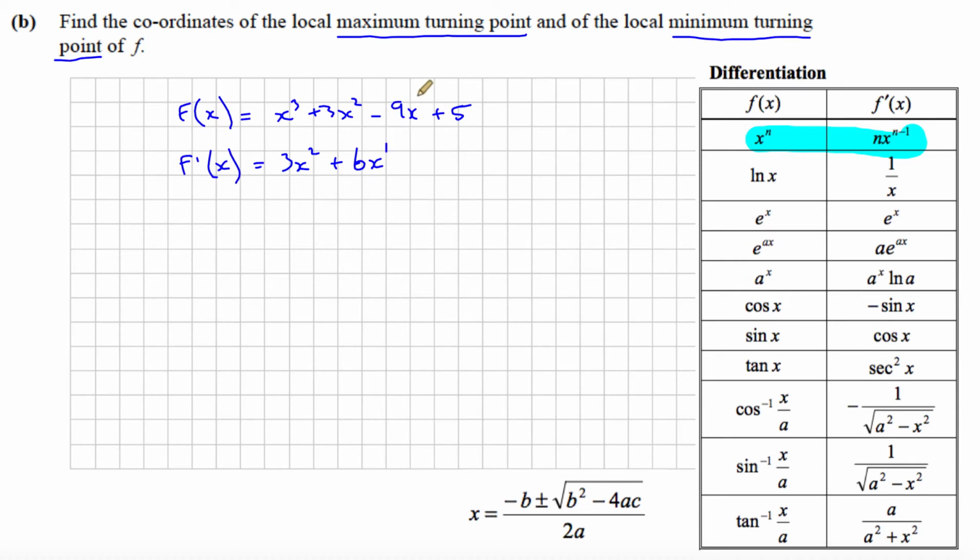Again, minus 9x, x has a power of 1. When we bring that to the front, it becomes minus 9 by x to the power of 0, and x to the power of 0 is 1, so it's just minus 9. And the differential of a constant is 0. So that's our f dash x there. So you can ignore the 1 power there, so 6x to the power 1 is just 6x.